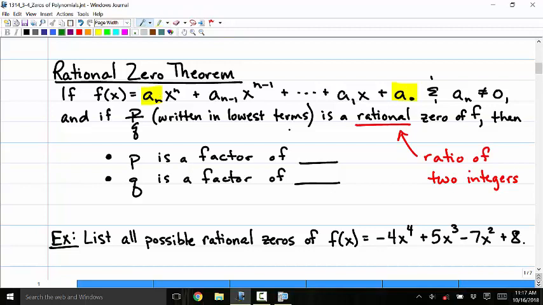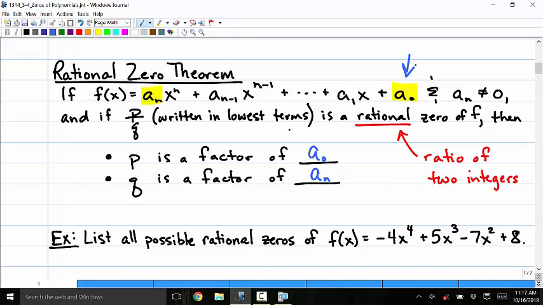All right, so p has to be a factor of a sub naught, the constant term, and q has to be a factor of a sub n, the leading coefficient. A naught is just a number. It's just the last number at the end of the polynomial. It's the number that doesn't have an x attached to it.